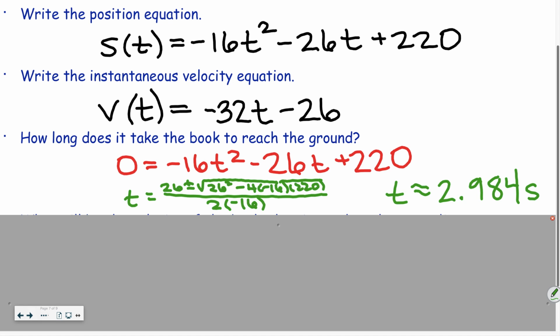Okay, so it would be b squared minus 4ac.